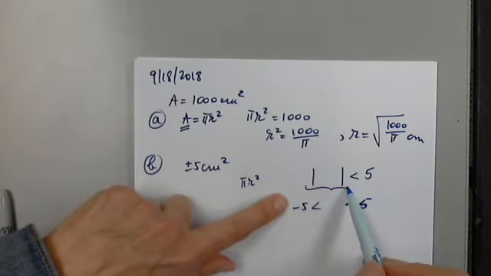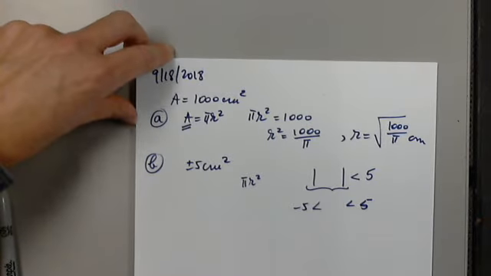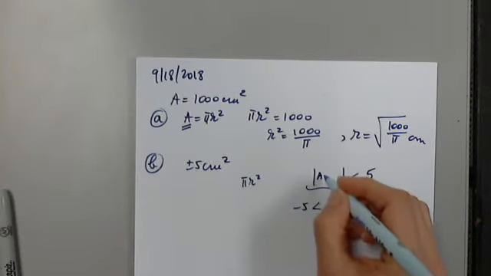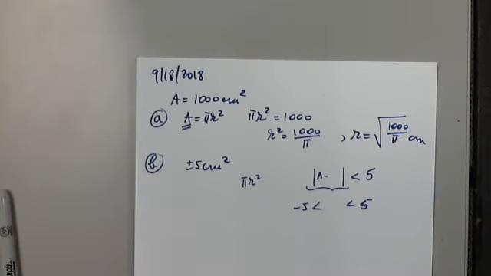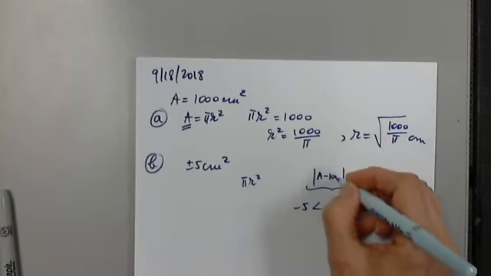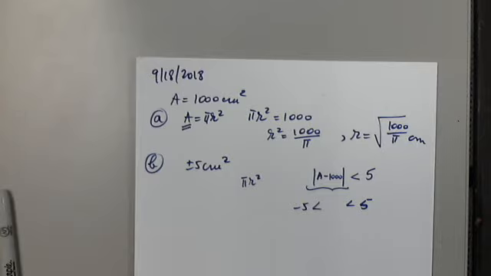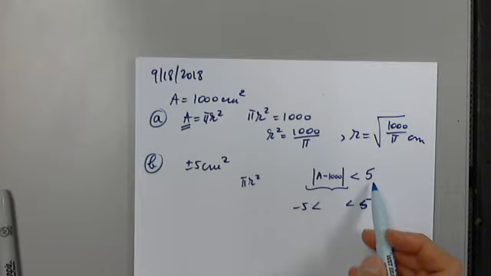Whatever we decide to put in here for the area, the area minus 1,000, because that's our limit. We want the area to be 1,000. So when r approaches the optimal, the area approaches the optimal, and the optimal is 1,000. So the area minus 1,000 in absolute value has to be less than 5.